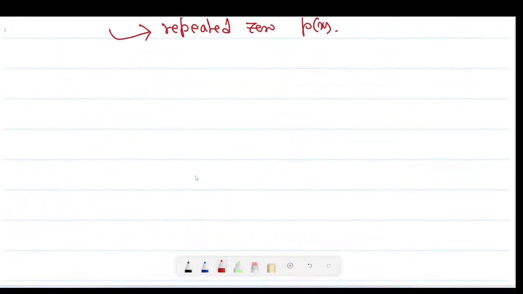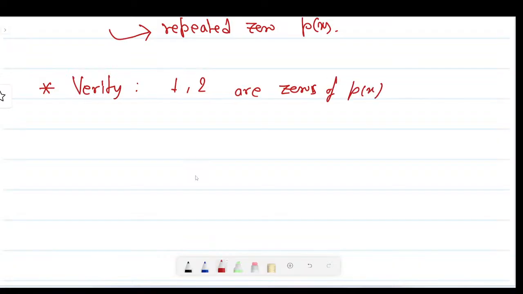So now my question is, verify that 1 and 2 are zeros of this polynomial, that is p of x equals x squared minus 3x plus 2.